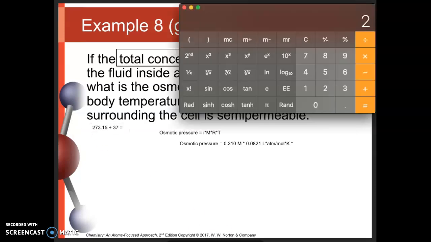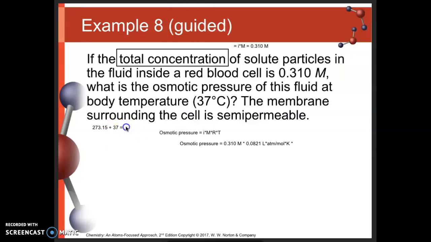If I put that in, I get 310.15. My value is only to the ones place, so I round to the ones place as well. 310 Kelvin is the answer there. So that's the temperature I'm going to put in there as well.